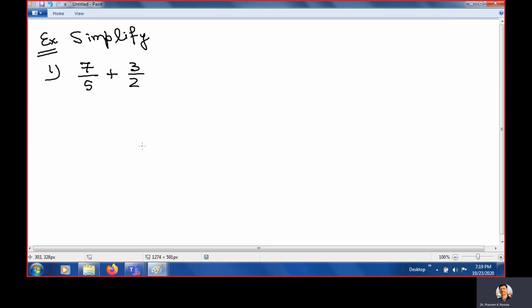So how to add this fraction? Look, first write 7 upon 5, make this line big, plus 3 upon 2, and multiply here, times. Clear? This number multiply here and this number multiply here.